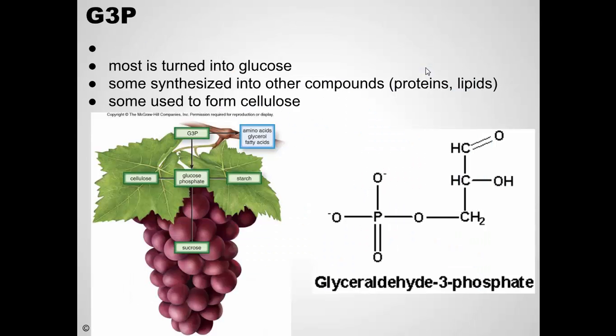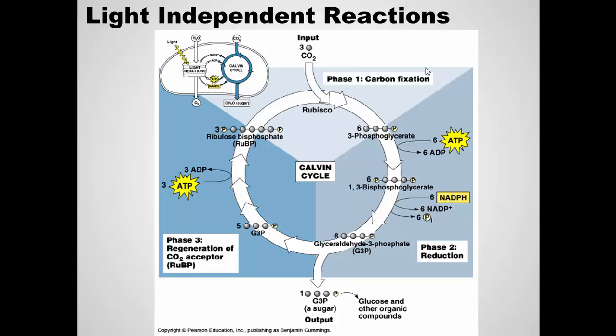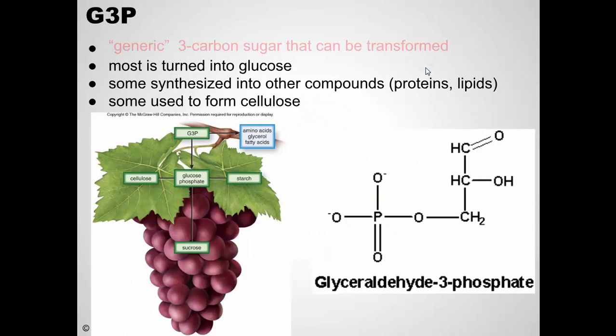And this G3P, we said photosynthesis produces glucose, but we don't really see glucose being produced here. Because what's really produced is this G3P, which is a type of sugar basically. It's then later on transformed into glucose. It's kind of a generic sugar.